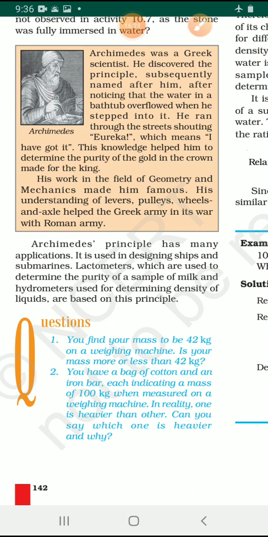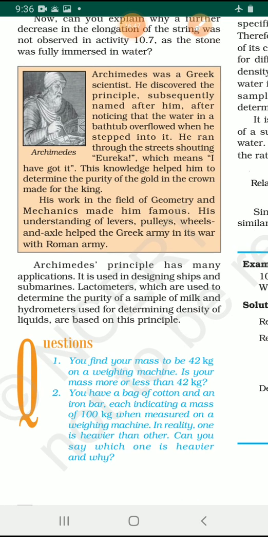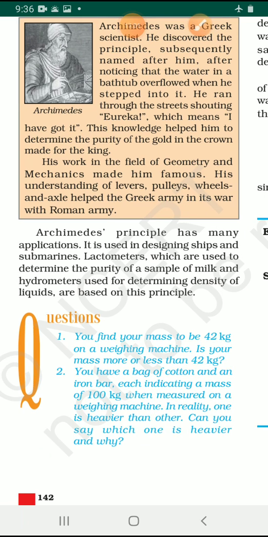It is used in designing ships and submarines, and in lactometers. A lactometer is a device, like a thermometer, which is used to check the purity of a sample of milk. It works on density. And hydrometers, used for determining the density of liquids, are based on this principle, right?